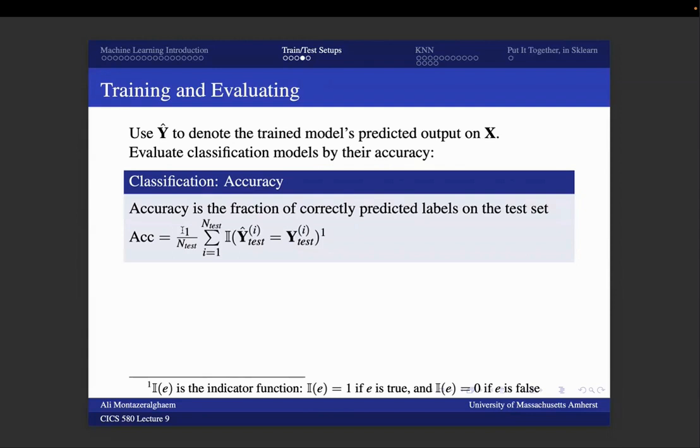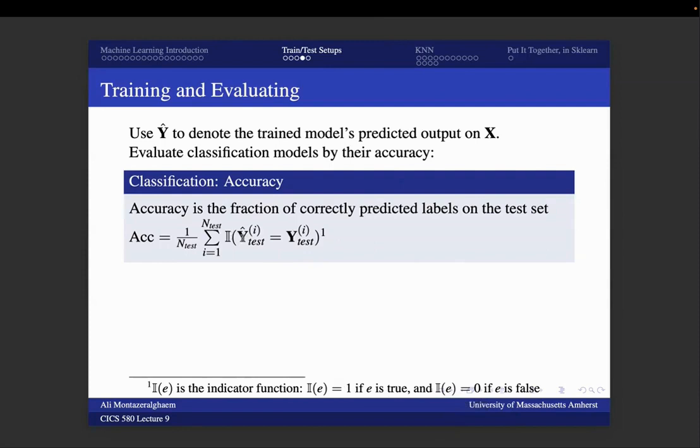The definition of accuracy is as follows. For example, we have a test set with n data points. For each data point, we compare the predicted label with the real label, using an indicator function, which is one when the input is true and zero when the input is false.